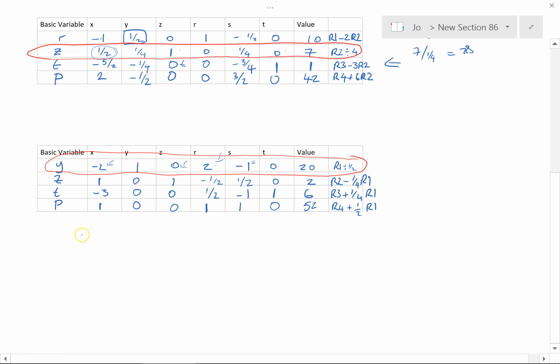It's all positive, so this is optimum. I don't think they've asked us to explain, but this is optimum because no negatives in profit row.